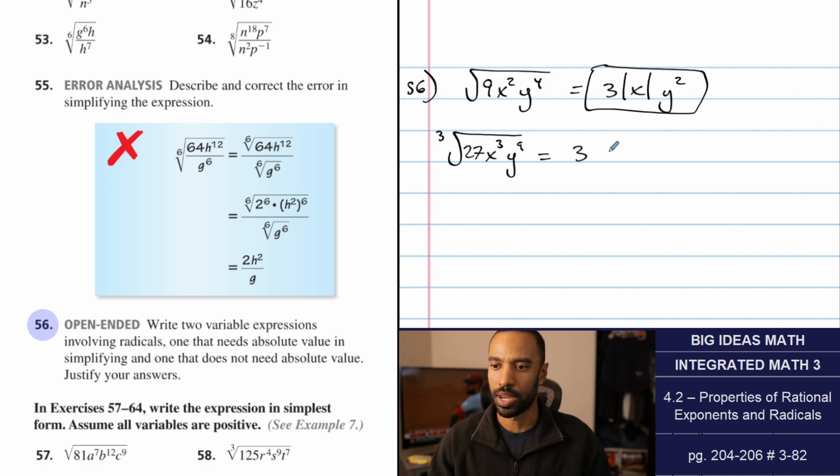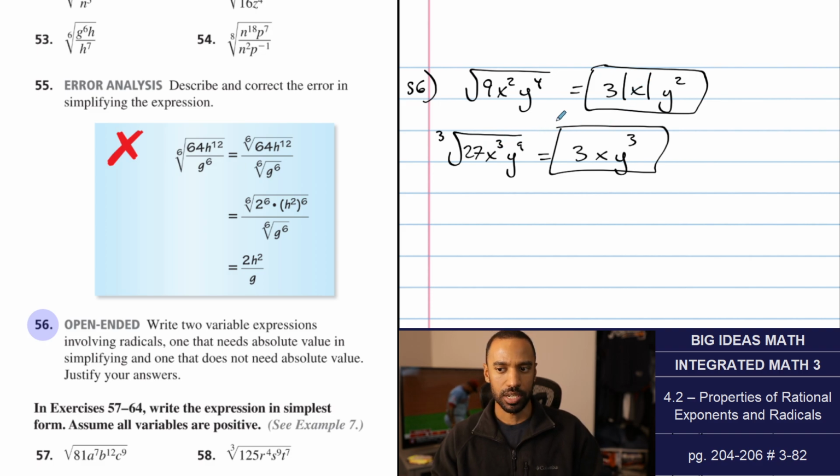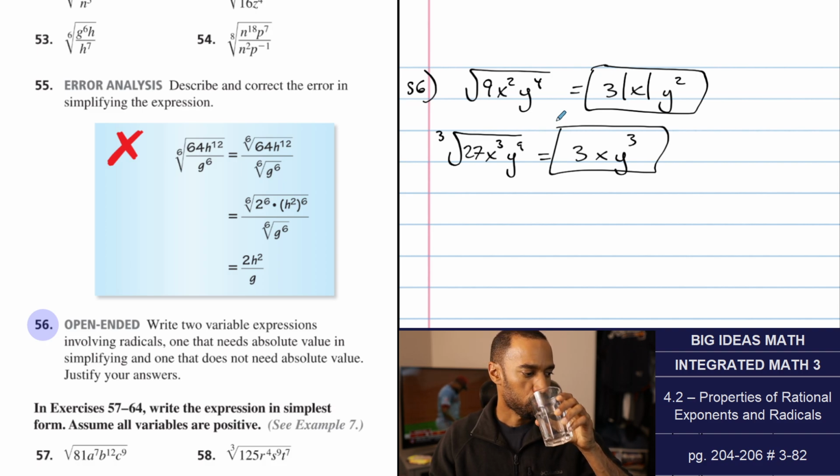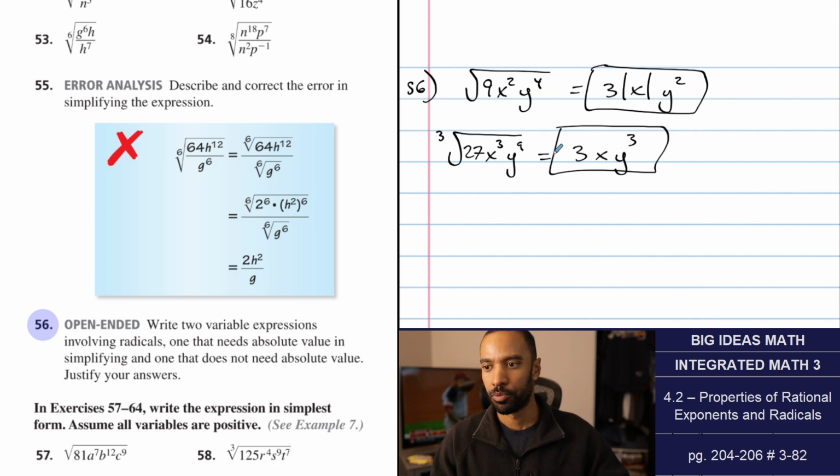So this becomes 3 times x times y cubed. So again, this one doesn't need it for one reason: we're taking a cube root, not an even root. The y didn't need it in the first one because it's still being squared, but the x needs it there because when you plug something in, it's going to have to stay positive.